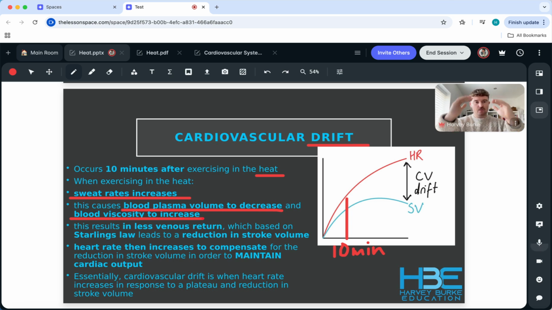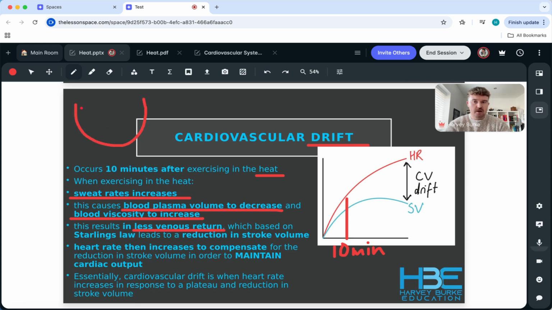So we've said that there's now less blood volume and it's thicker, so it's not flowing as well. And if that's the case, that's going to limit the amount of blood that can get back to the heart. And that's called venous return. So you'd then say, as a result of there being a lower blood volume, and the blood is thicker, it's not flowing as well, that will reduce your venous return.